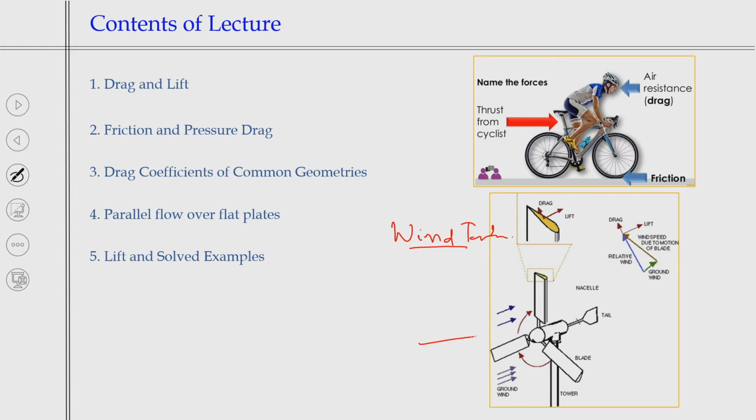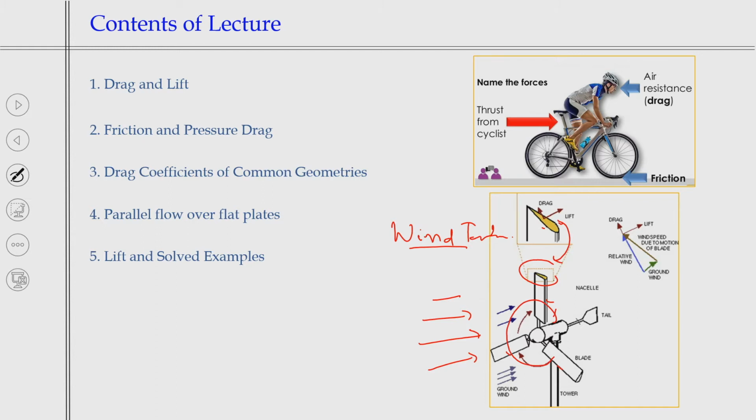If you have this velocity v coming, how do you design this blade such that high power will be obtained? If you look at a very small area, it is just like an aircraft wing, you have drag and lift. Because of these drag and lift forces, it goes to rotating.